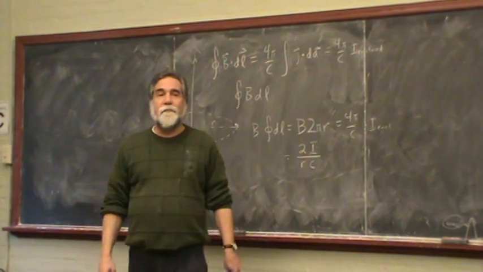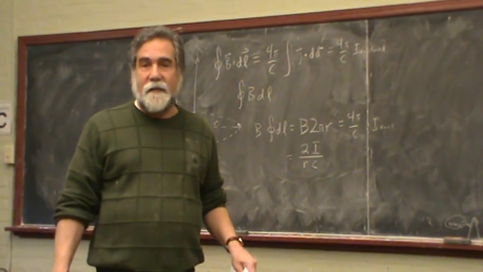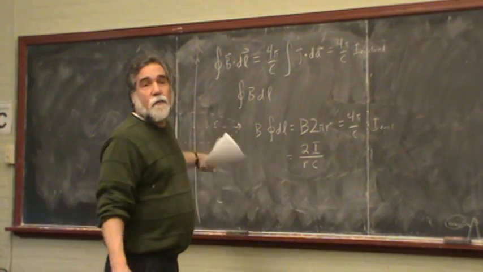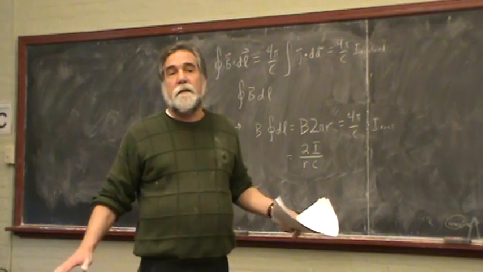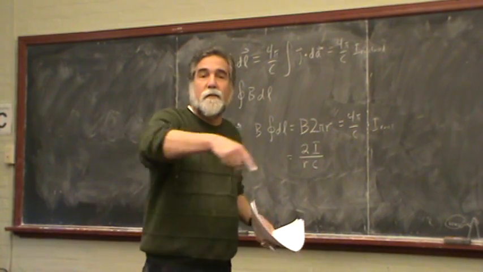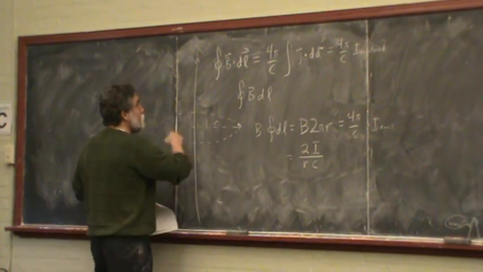So Ampere's law gives us this conclusion relatively quickly, right? But if I had a finite wire here, it would be horrible. Ampere's law would not allow me to assume that the magnetic field is constant along this path.